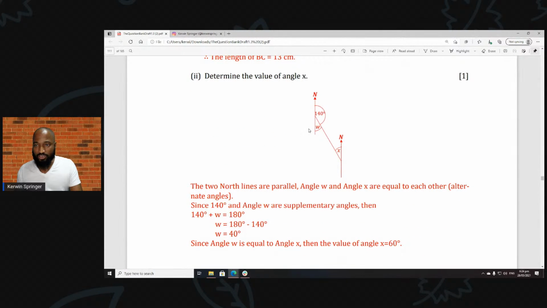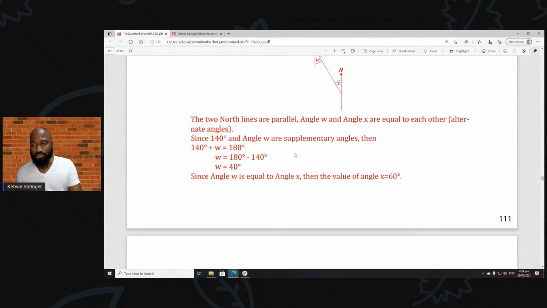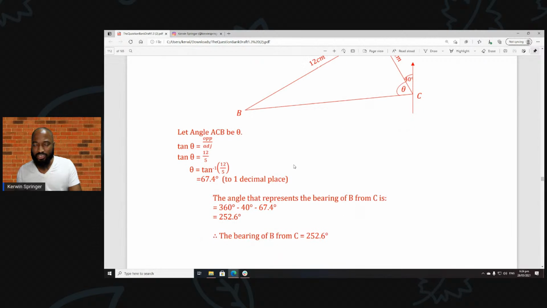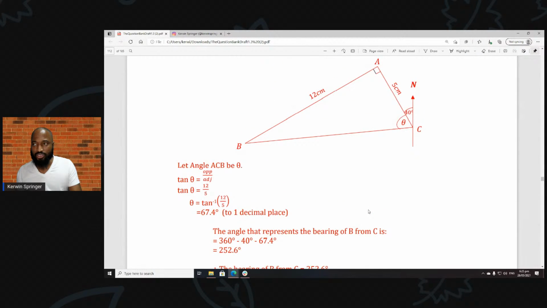You get these 40, 40 alternate angles. Alternate angle seems best. And you get this angle to be 67.4. Use tan, that's the fastest thing. One decimal place standard. You subtract the 40 and the 67.4 from 360 to get the entire angle here, and that's 252.6.